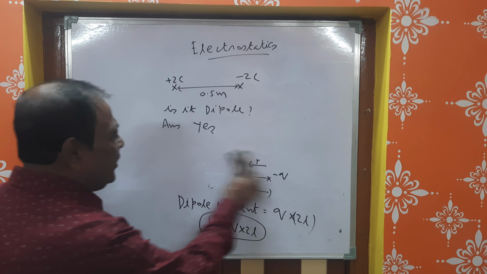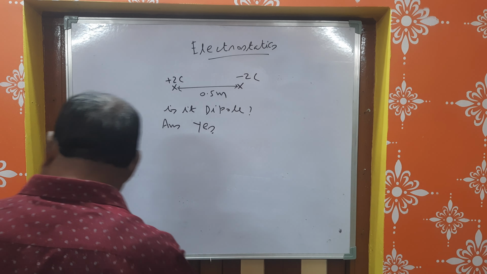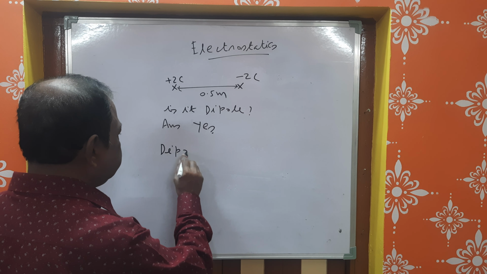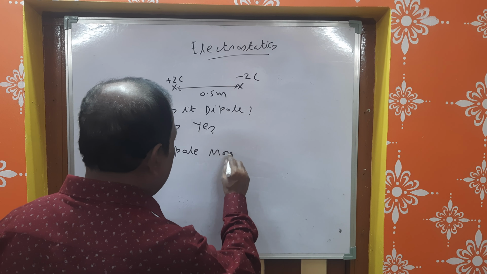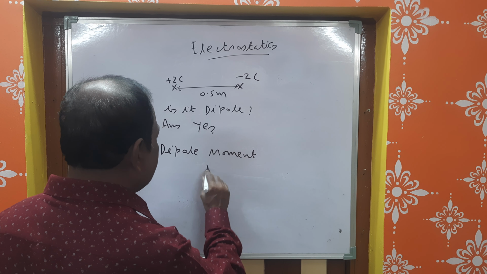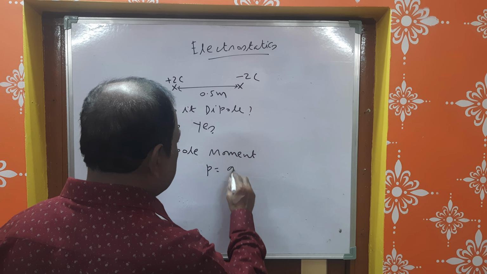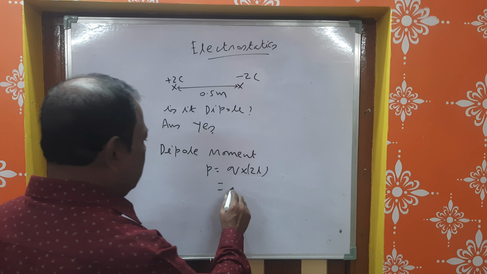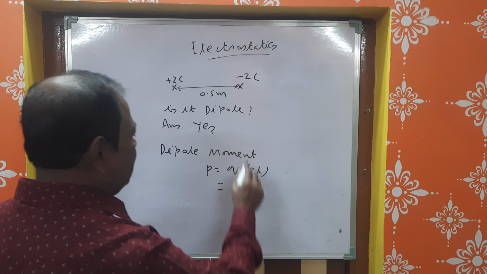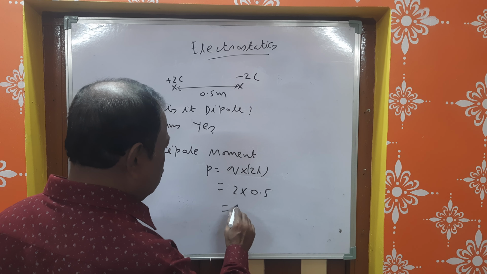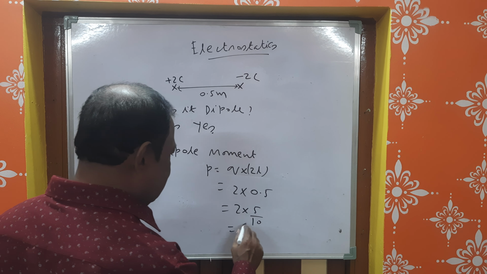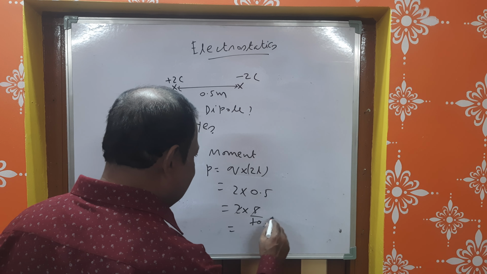The formula is q into 2l. q is 2, 2l is 0.5. So 2 into 5 by 10, the 2 cancels, and the answer is 1.